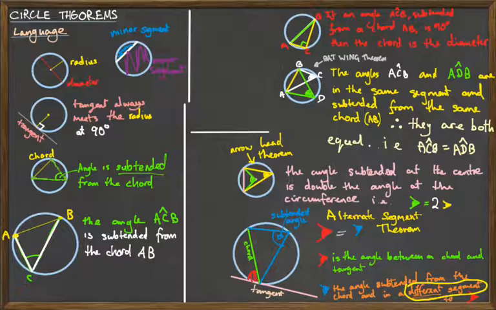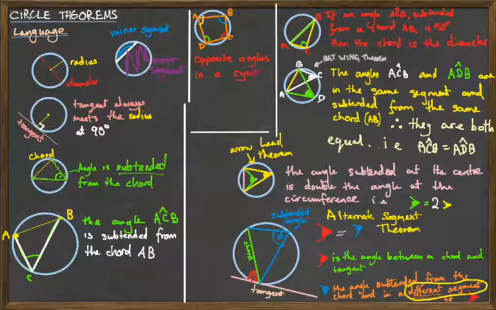Okay. The final circle theorem, we draw a quadrilateral inside a circle, A, B, C, and D. If I mark the angles, a green angle, a blue angle, a red angle, and a yellow angle, then the theorem says that opposite angles in a cyclic quadrilateral add up to 180.